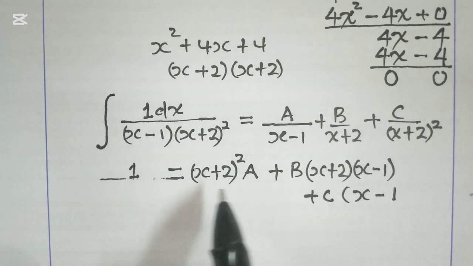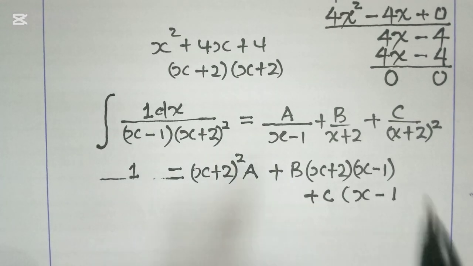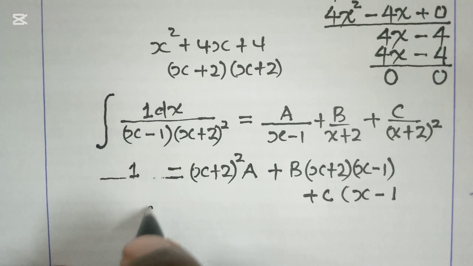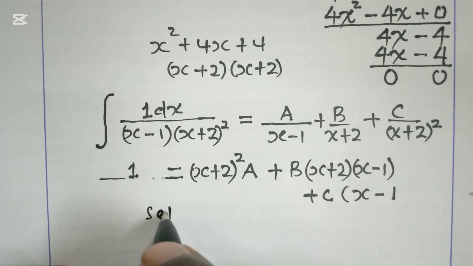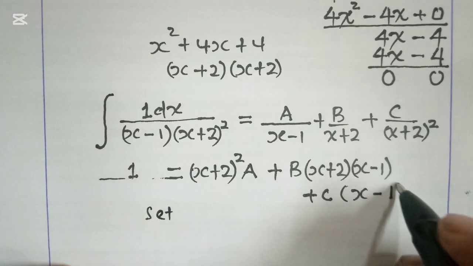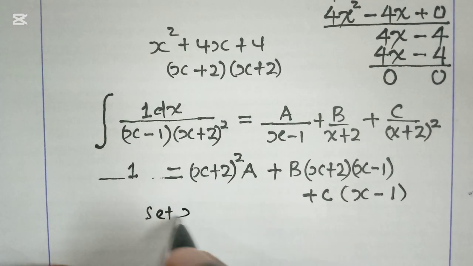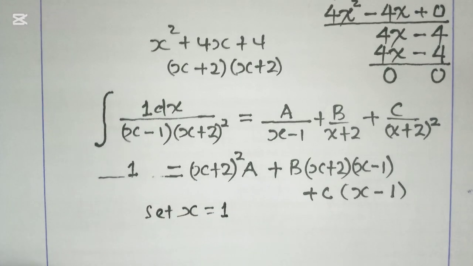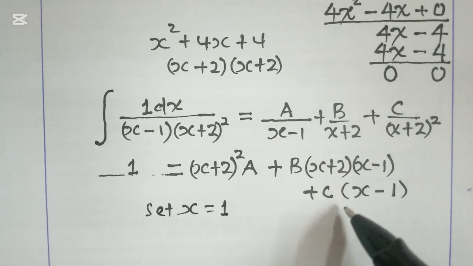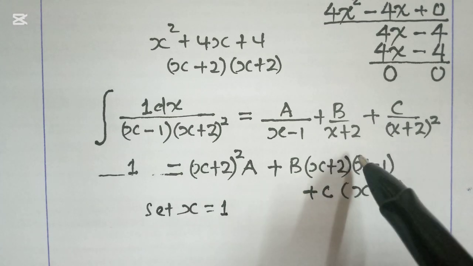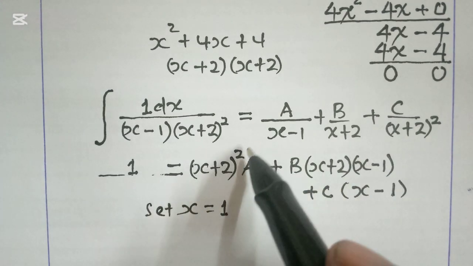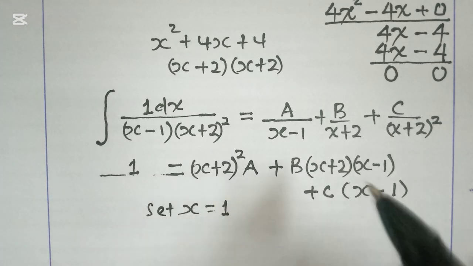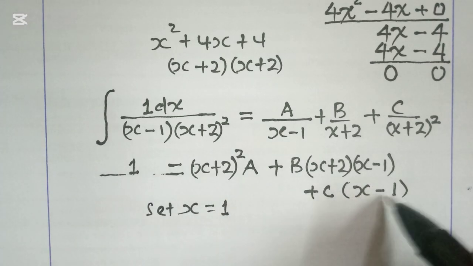So for us to be able to find A, B, and C, guys, the easiest way to do that is you set x to be equal to 1. So that, guys, you can eliminate this one, and you eliminate also this one. So you are left with only A as unknown. And so if I set x to be 1, I will cancel that because 1 minus 1 is 0.